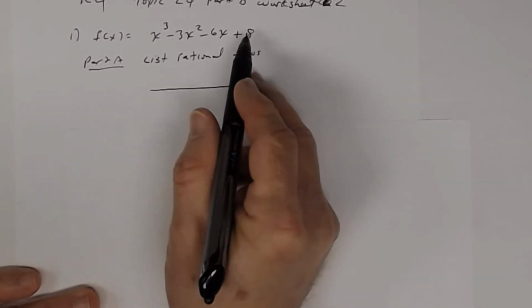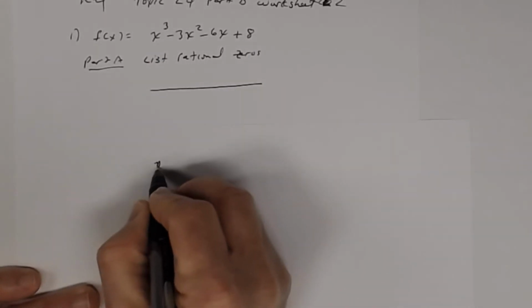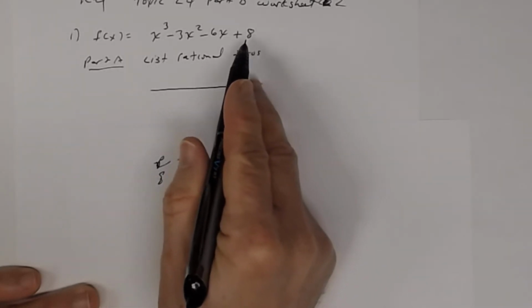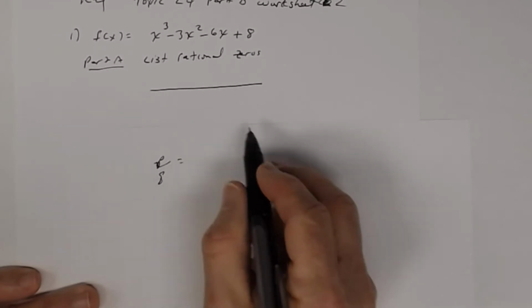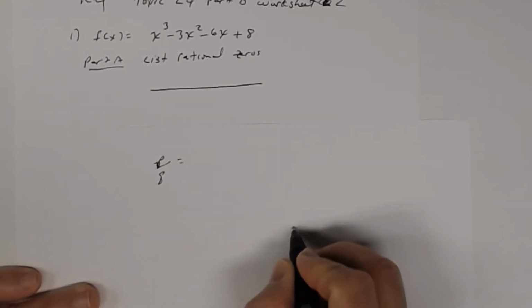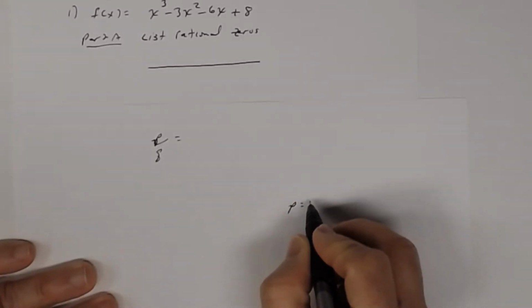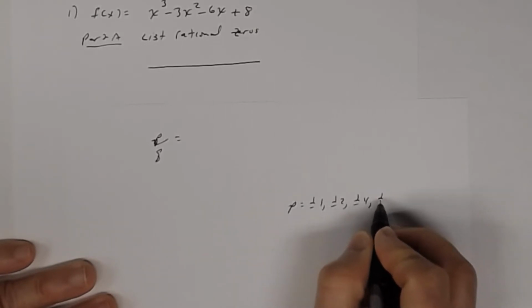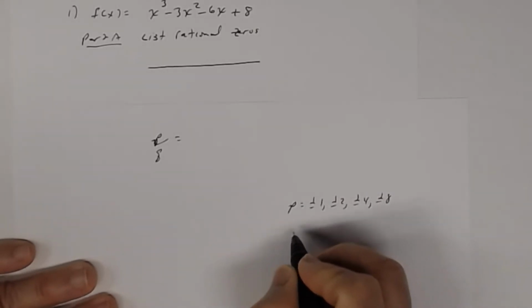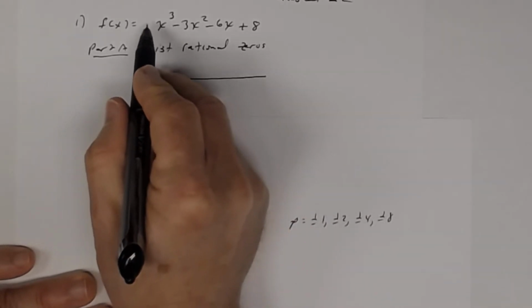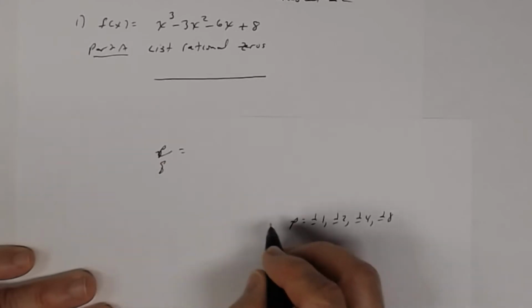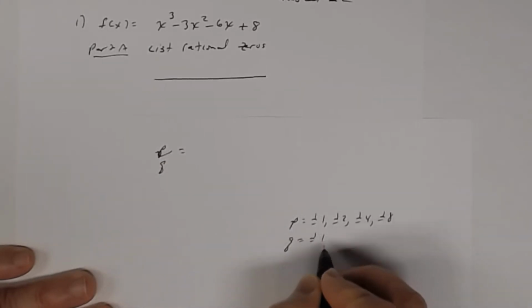And remember, P divided by Q. P would be the factors of 8: plus and minus 1, plus and minus 2, plus and minus 4, plus and minus 8. And then Q would be the factors of the leading coefficient, which is 1. So Q would be plus or minus 1.